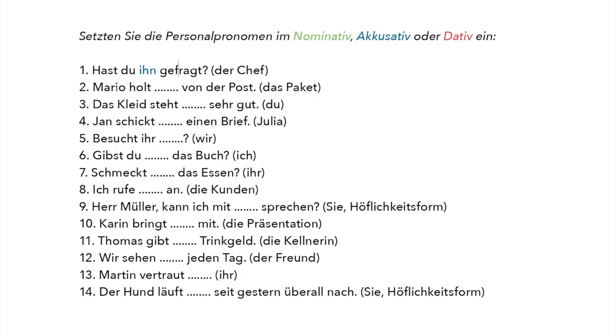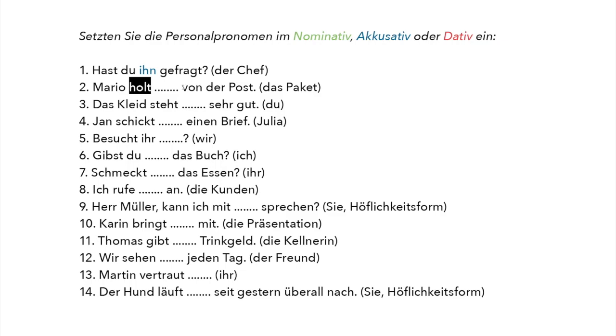In the second it's the same logic. Mario holt something von der Post ab. Now what is Mario? He is picking up something from the post office. Okay, what is he picking up? What do I need here? I have my subject who is picking up, Mario. What is he doing? Picking up something.